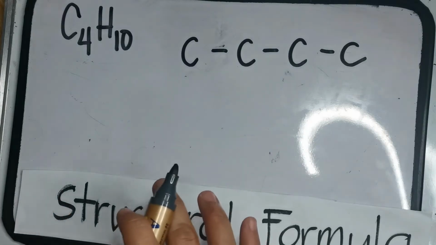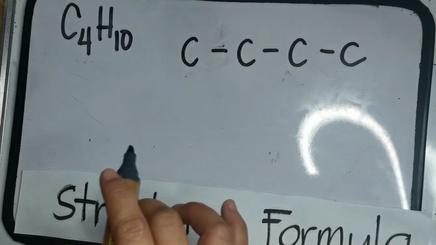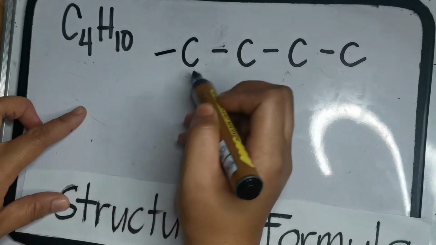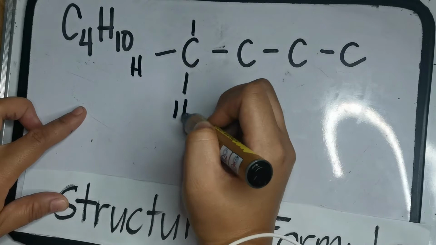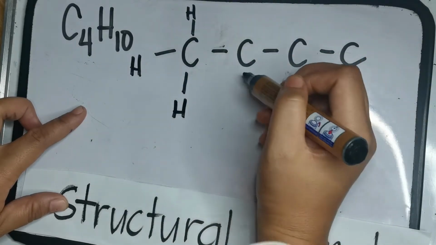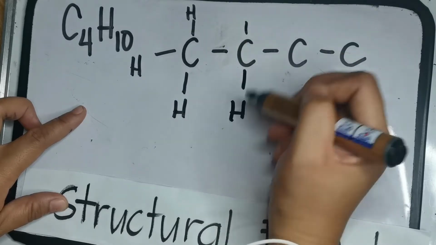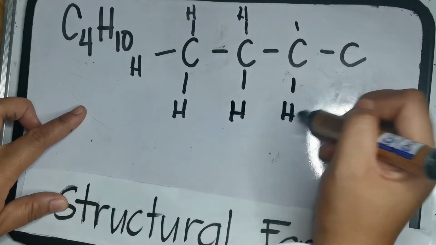So let us remember, sabi ko nga kanina, si carbon has four ways to bond with other atoms, 1, 2, 3, 4. So that means we have one hydrogen here, 2, and 3. Then we have only 2 kasi may na-connect na siya dito. So 1 and 2. Then another 2, 1, and 2.